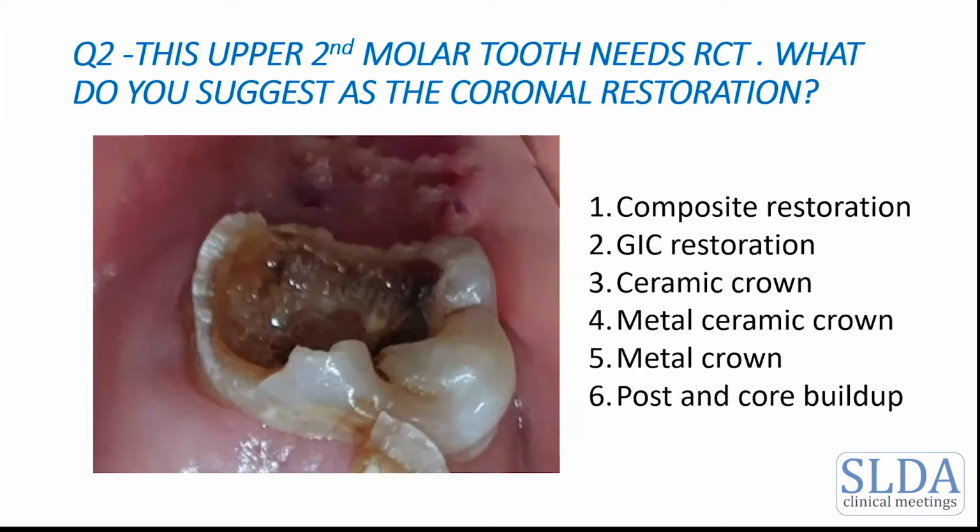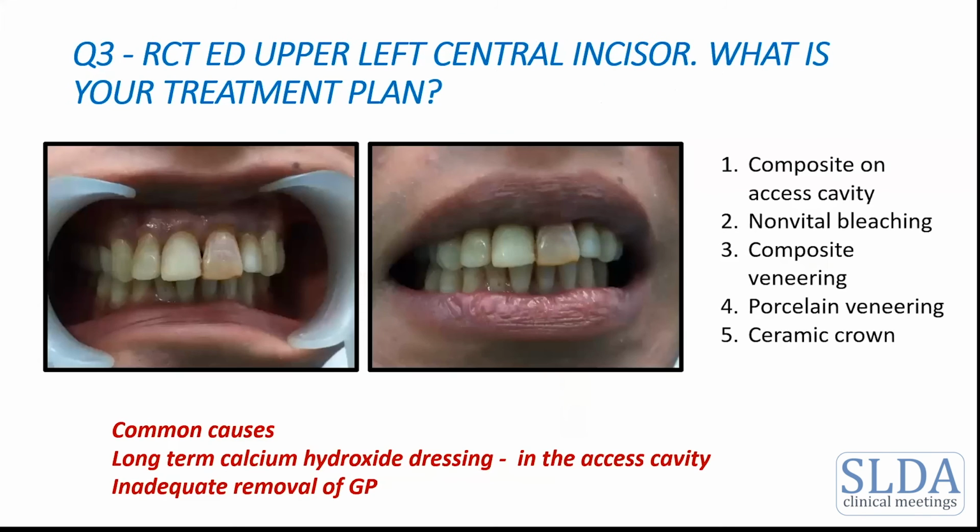Question number 3, root canal treated upper left central incisor. What is your treatment plan? Most have given number 2, non-vital bleaching. Yes, that's the correct answer. Most of the time, these types of discoloration are common with long-term calcium hydroxide dressings.